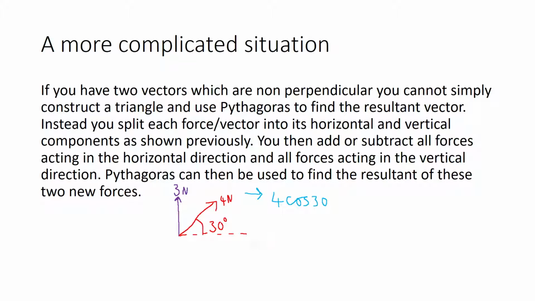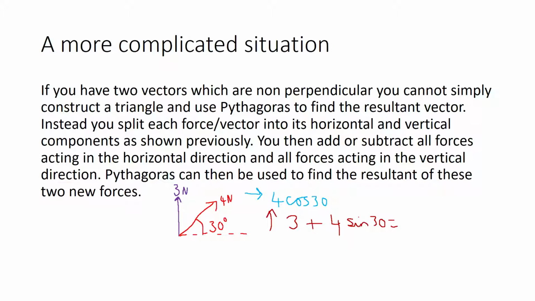So that's horizontally, and then vertically, we'll just do that in a different color. Vertically, we have 3 newtons, so 3, plus the force, and we're going away from the angle this time, so we use sine, plus 4 sine 30, and that equals the total vertical forces in this example.